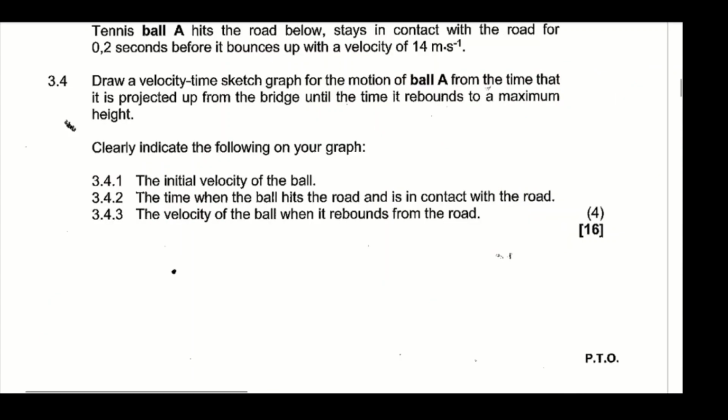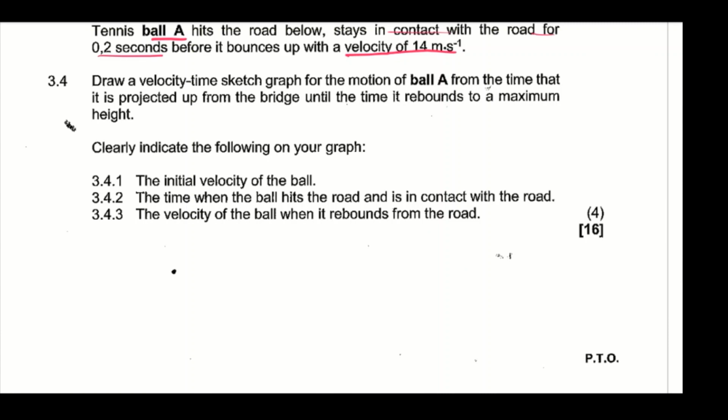Now the tennis ball A hits the road below, stays in contact with the road for 0.2 seconds before it bounces up at a velocity of 14 meters per second.